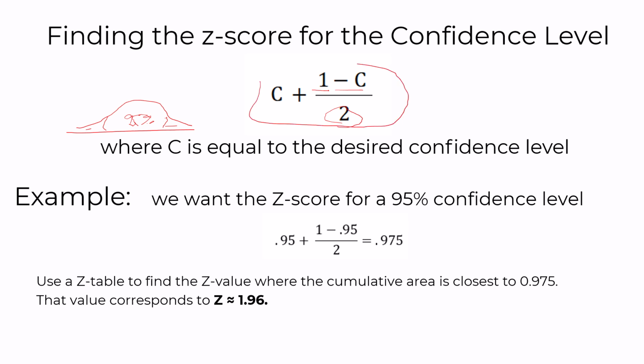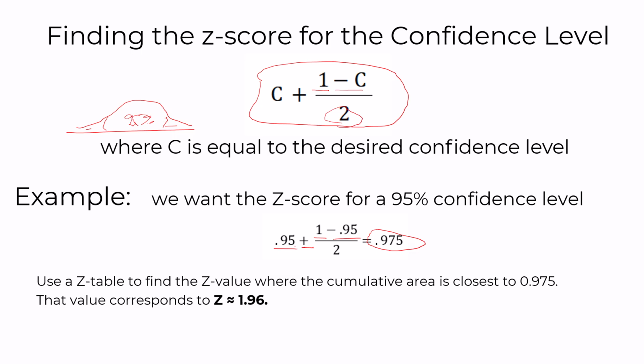Okay. So for example, if we want the Z score for 95% confidence interval, again, we have here 0.95 plus (1 minus 0.95) over 2, which is basically just 0.975.